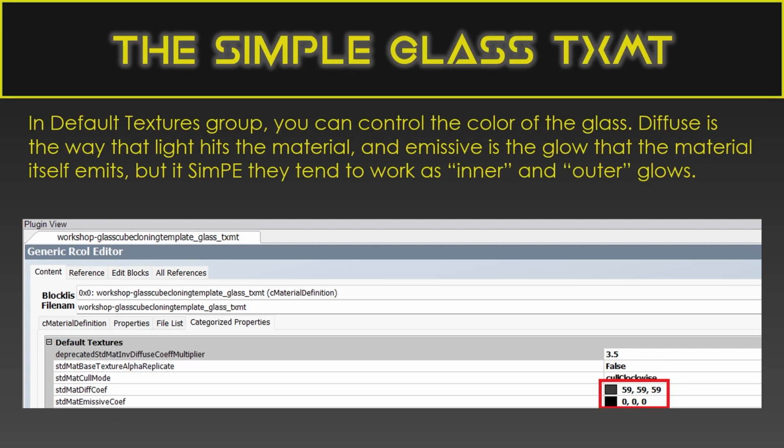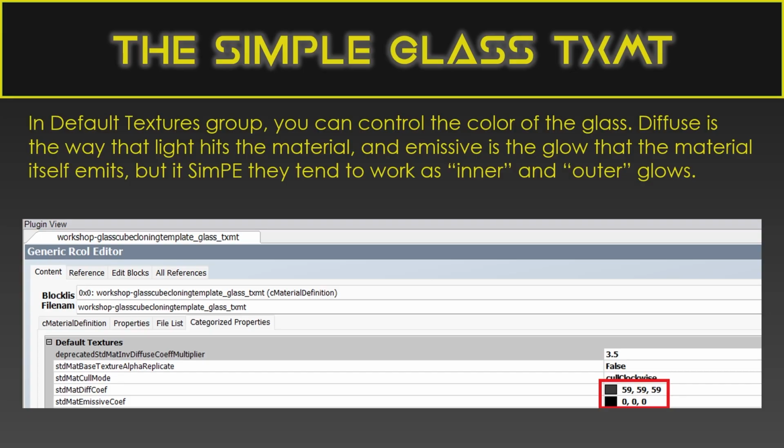If we go further down, we've got the default textures group. This group includes standard material diffuse coefficient and standard material emissive coefficient. What is diffuse? Diffuse is how the material reacts when light from another object hits it.